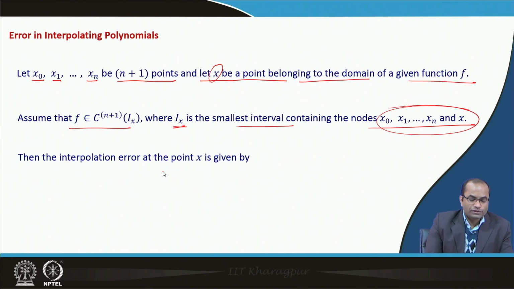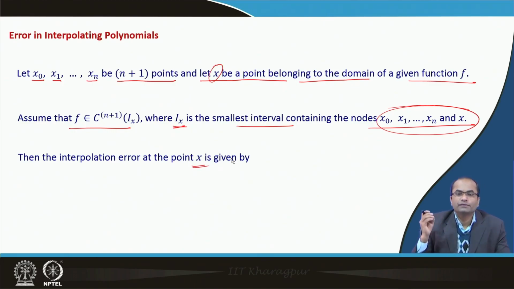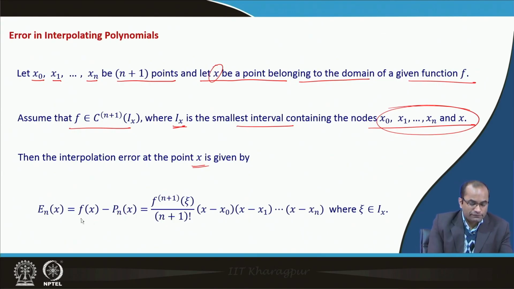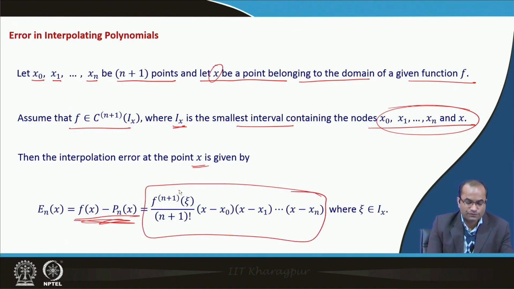Then the interpolation error at the point x. At any point x, the difference between the polynomial and the function, f x minus p n x, can be computed by this formula, which has the n plus 1th order derivative.